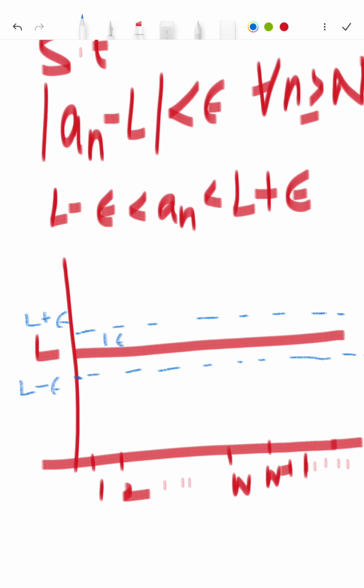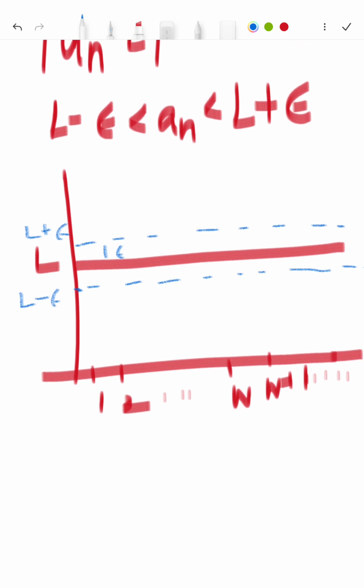For every epsilon we are able to find N in such a way that all these a_n, a_(n+1) somewhere here, should be inside the neighborhood, right? And for each positive epsilon, however small, we are still able to find N. So what does it mean? It means these a_n's are very close to L after a certain stage.